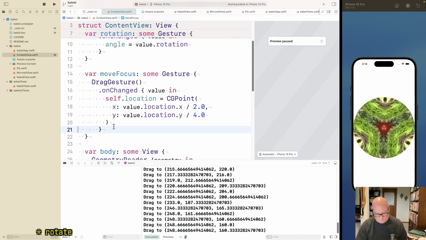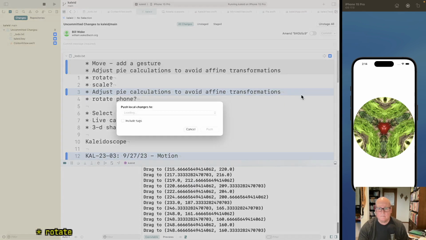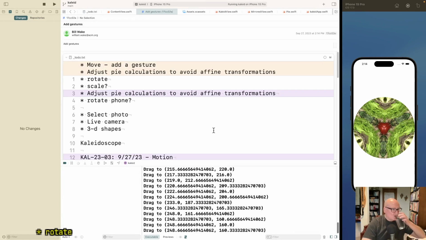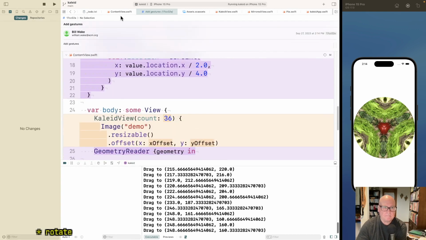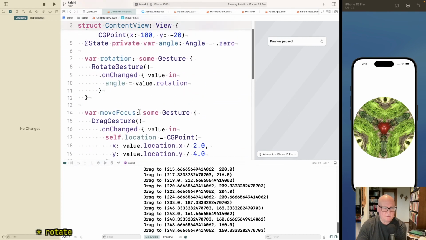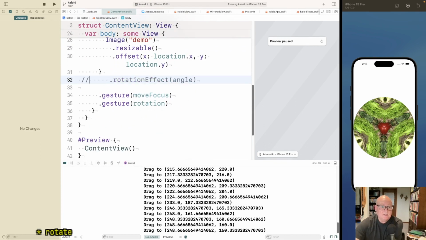Okay, so what I think I want to say is, well, I'm going to take this off. I'm not going to rotate anymore. I'm going to try and adjust my offsets.